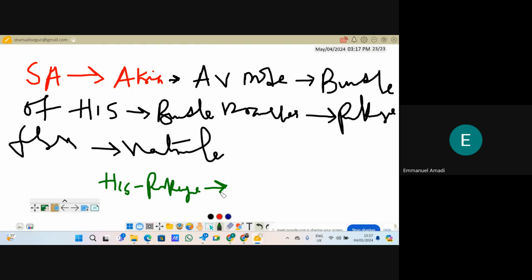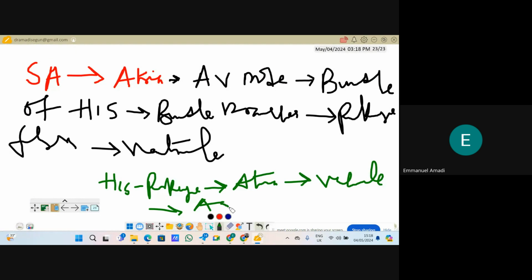Now, after the His-Purkinje fiber, the next place that has a very high speed is the atria. The speed is very high in the atria. The next one is definitely your ventricles. And then the slowest is your AV node.